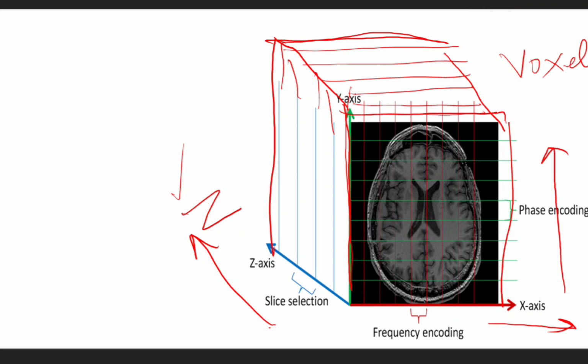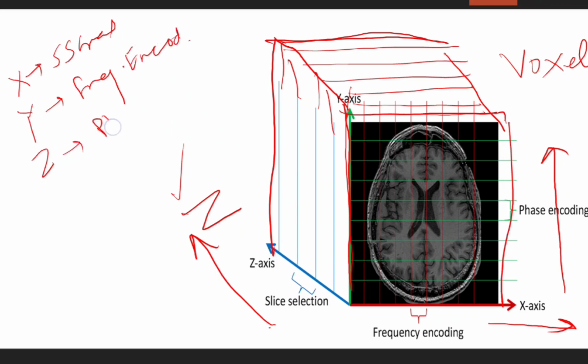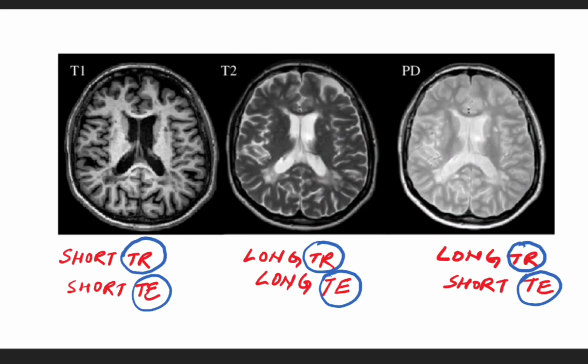All three, X, Y and Z: one is the slice selection gradient, another is the frequency encoding gradient, and the third is the phase encoding gradient. I have made separate videos on the different gradients. If you want to go through them, you can see my previous videos.